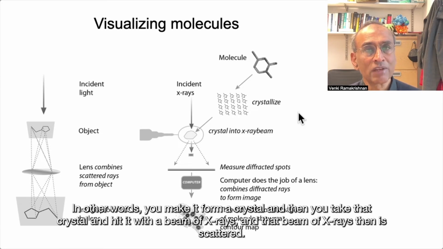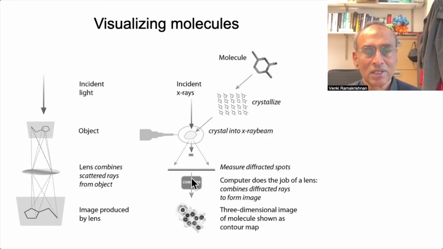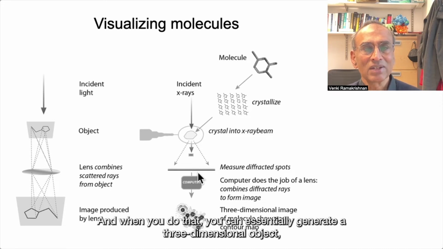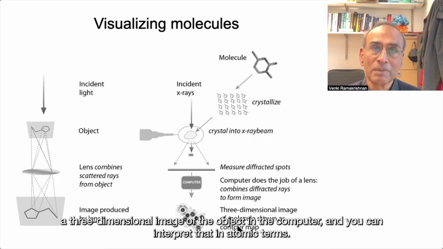In other words, you make it form a crystal, and then you take that crystal and hit it with a beam of X-rays, and that beam of X-rays then is scattered, and in a computer, you take those scattered rays and recombine them and do effectively what a lens does. And when you do that, you can essentially generate a three-dimensional image of the object in the computer, and you can interpret that in atomic terms.